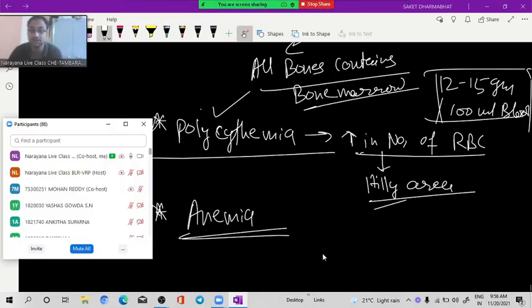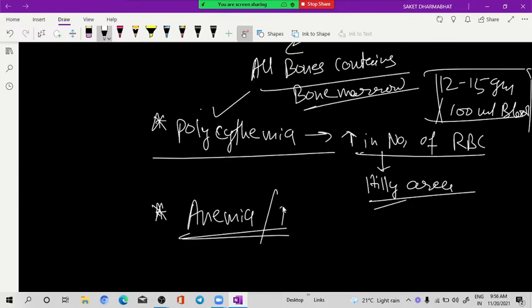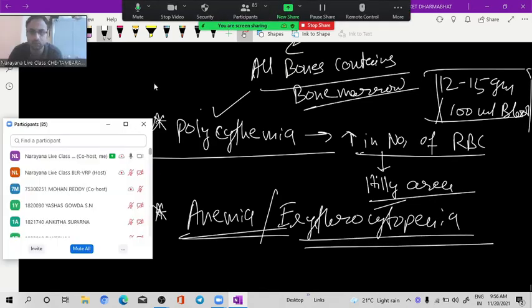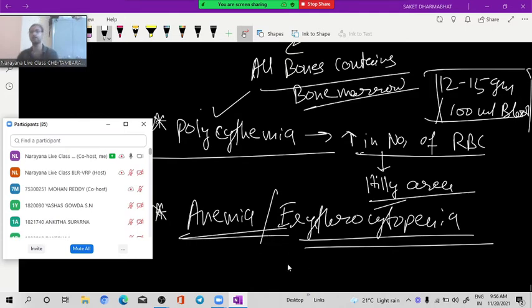Both are the same thing only. So a decrease in number of RBC further leads to what? Decrease in hemoglobin level. If hemoglobin level decreases, the oxygen carrying capacity of your blood will decrease. Clear or not?